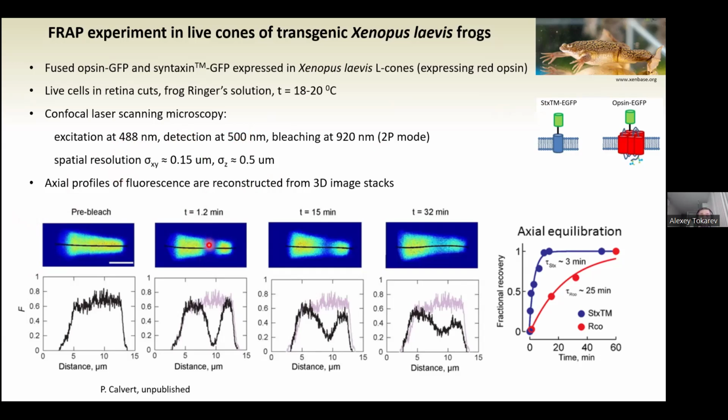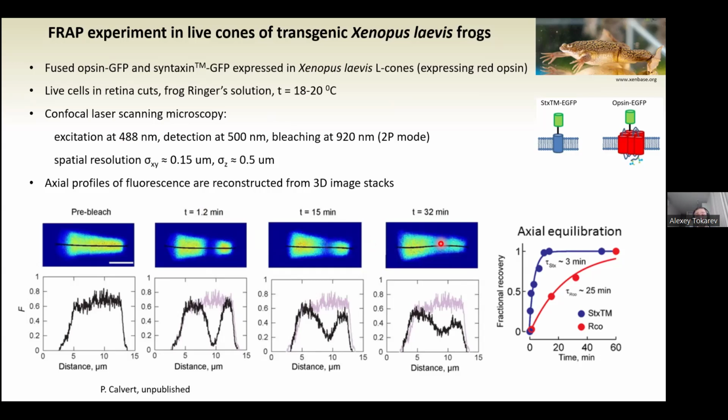Then we bleach some small region in the cell, so it cannot now absorb light and produce fluorescence. And then during time, we see that the fluorescence signal and concentration, as we believe, becomes more uniform.